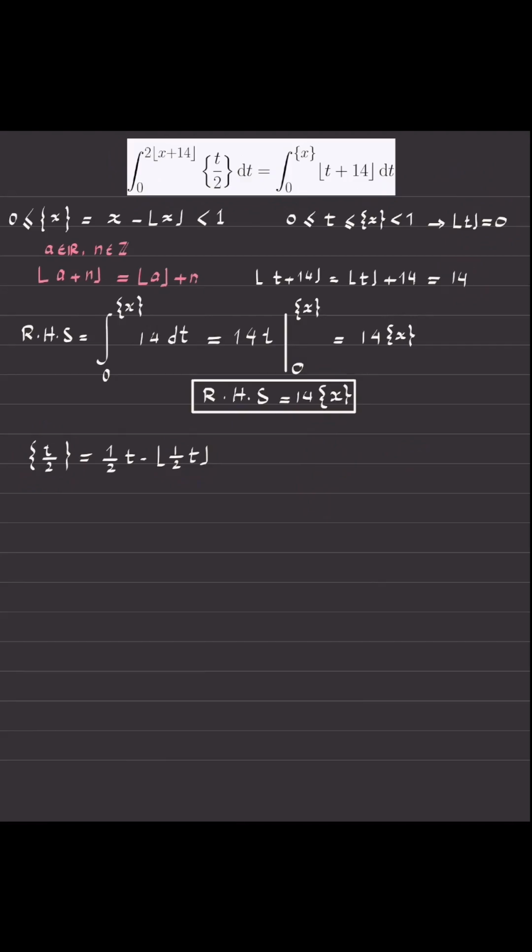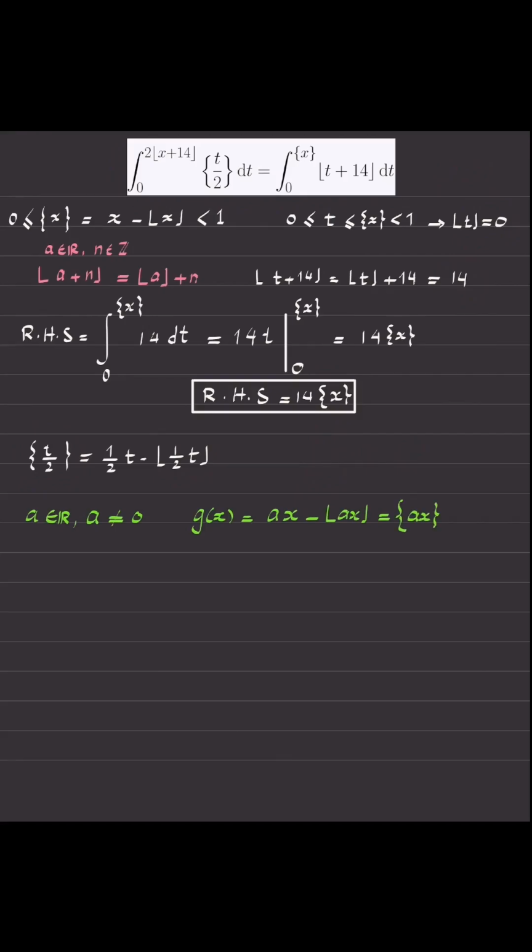So let me change my color because that's not part of the solution. Let's say that a is a real number, but not equal to 0. And I define a function g of x in this form: a times x minus the floor of ax. In other words, I am defining the fractional part of ax.